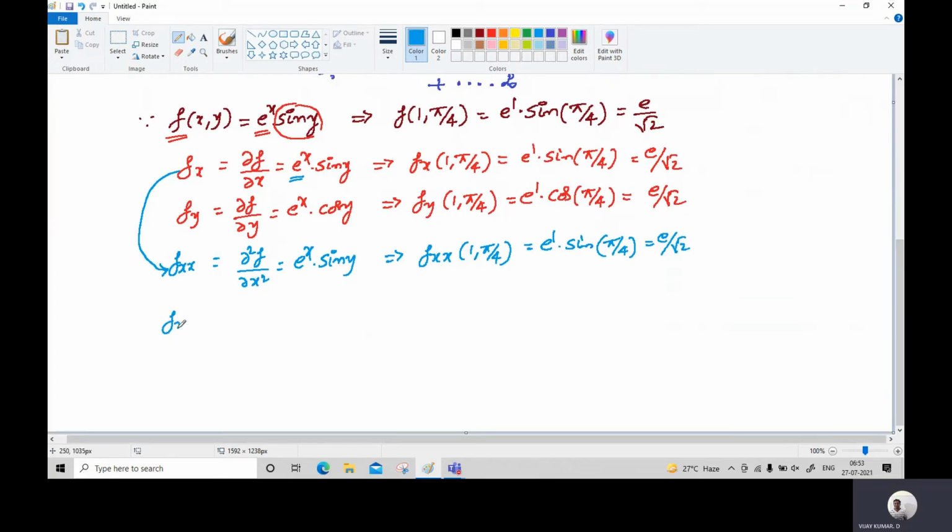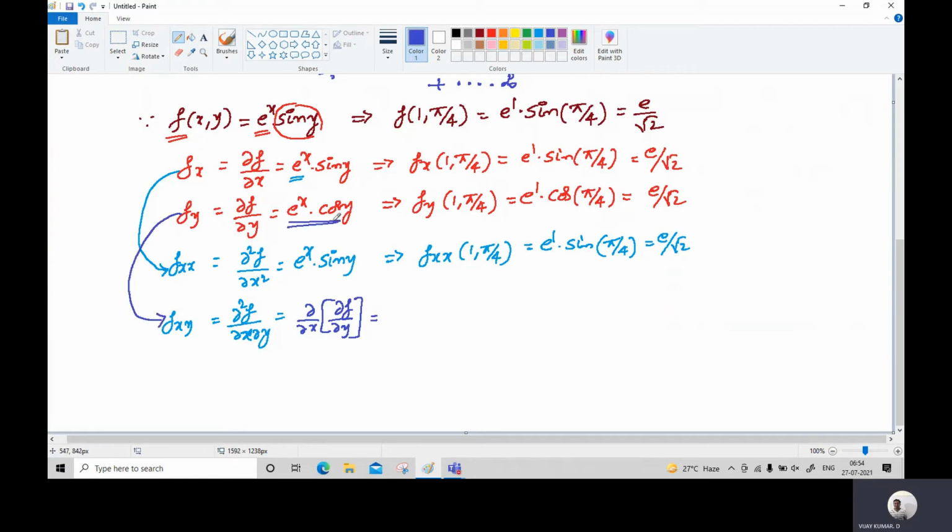Now calculate f_xy. It means dou square f by dou x dou y, which means dou by dou x of dou f by dou y. So already we have the first order partial differentiation of f with respect to y.